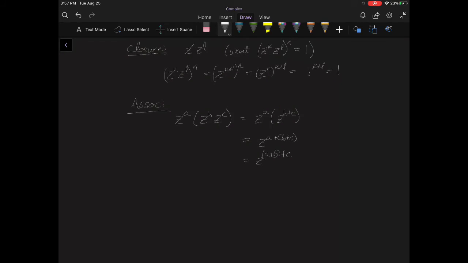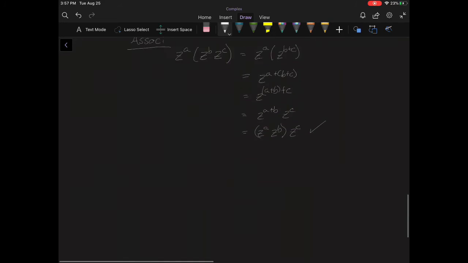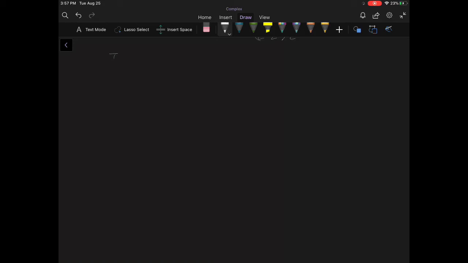Since we're dealing with integers in the exponent, we can shift those parentheses over, and we get z to the a plus b plus c. Now we split that out again: we get z to the a plus b, z to the c. And we split that down again, and we get z to the a, z to the b, times z to the c. So that satisfies our associativity.